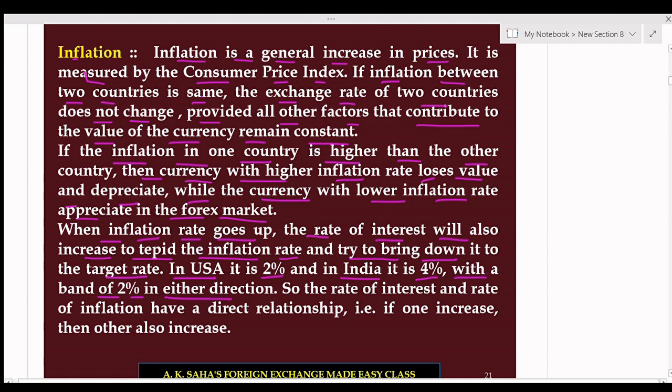That is, the range will be 4% plus or minus 2%, that is 2% to 6%. So, the rate of interest and rate of inflation have a direct relationship. That is, if one increases, then the other also increases.